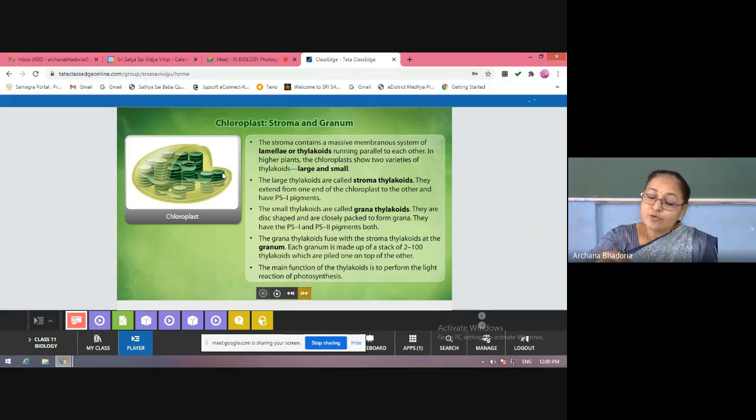Since the chlorophyll pigment molecules are present in the quantasomes, you can understand that the light reaction will be carried out in the thylakoids, because light reaction means that which occurs in the presence of sunlight. The sunlight will be trapped by the chlorophyll pigment molecules present inside the thylakoids.